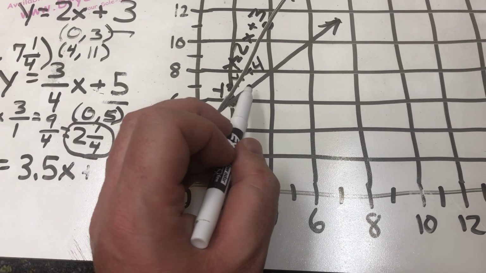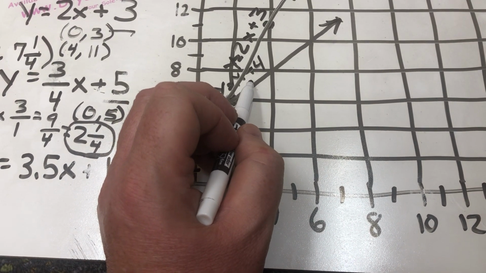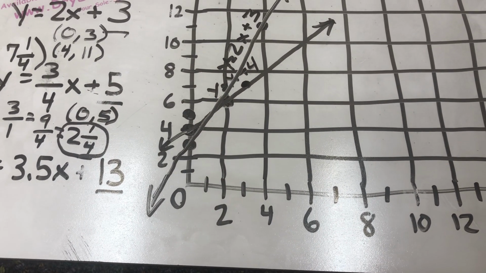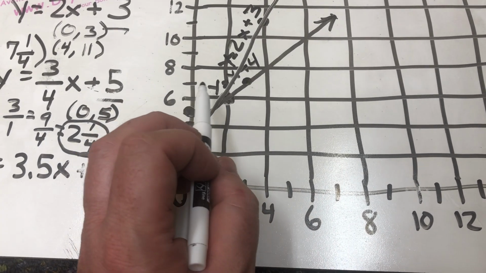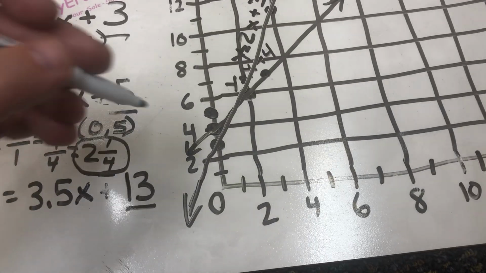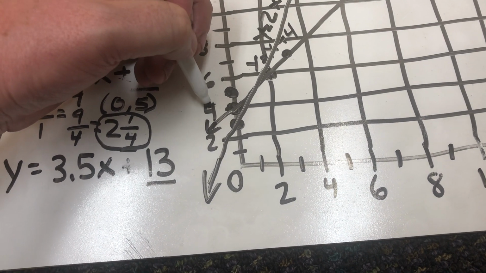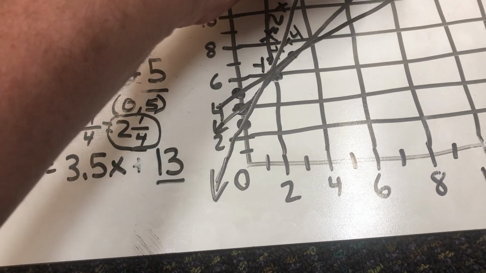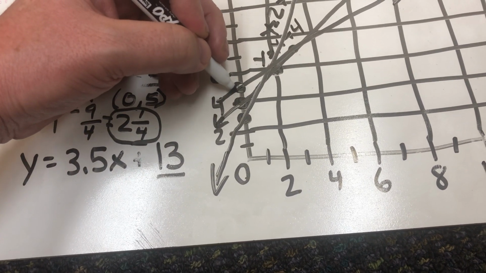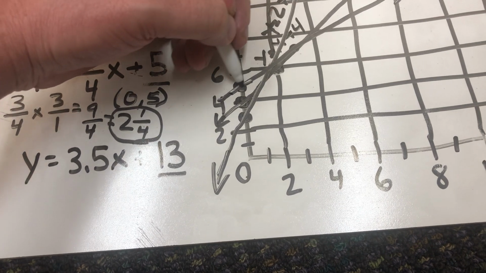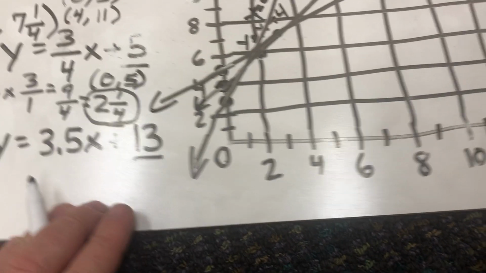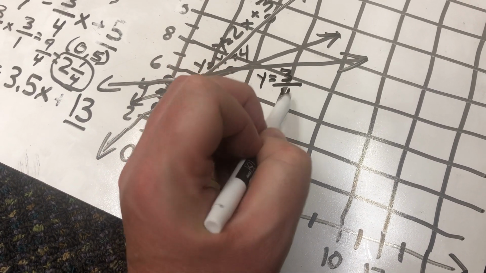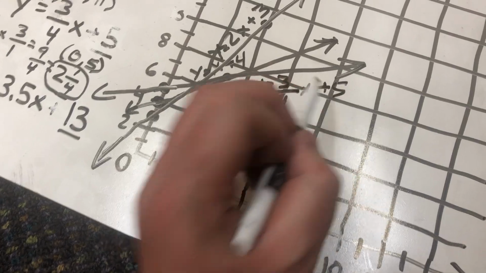So if I'm here at 3, and my lines are starting to get a little jumbled here, but if that's kind of 7 and 1/4, about right there, slightly above the 7, then I'm going to take my pen and connect those two points. And that one is my y equals 3/4 x plus 5.